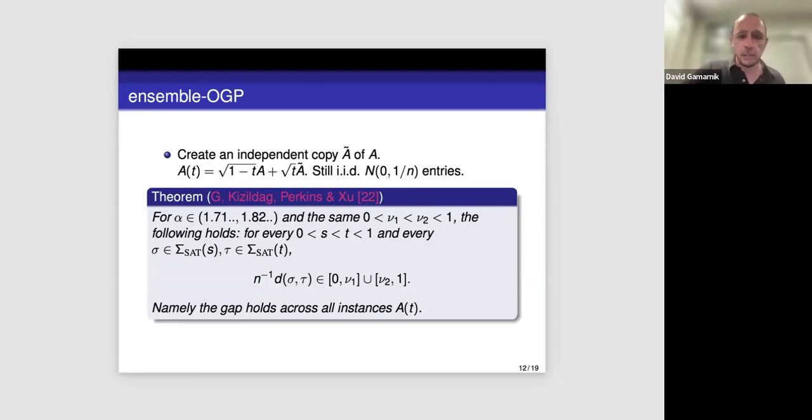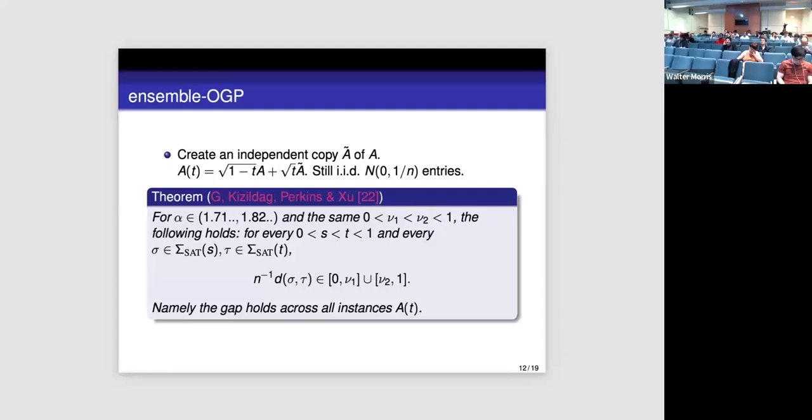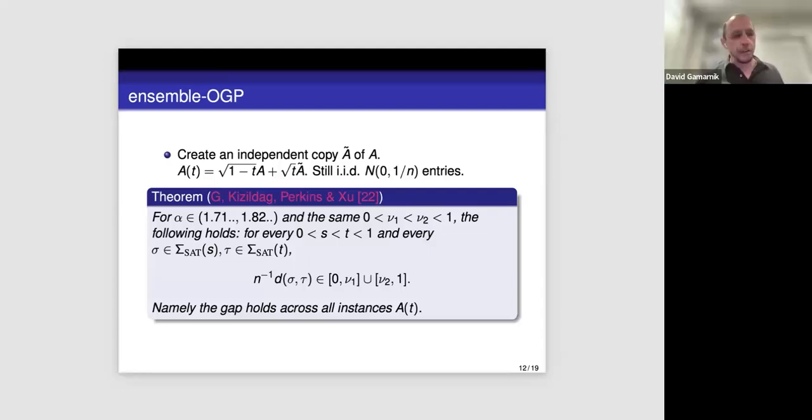Their distance is at most mu1 or at least mu2. So this is a geometry description of the whole flow of the instances as opposed to one. That turns out to be important for the algorithmic discussion in a way that I'll try to describe next.